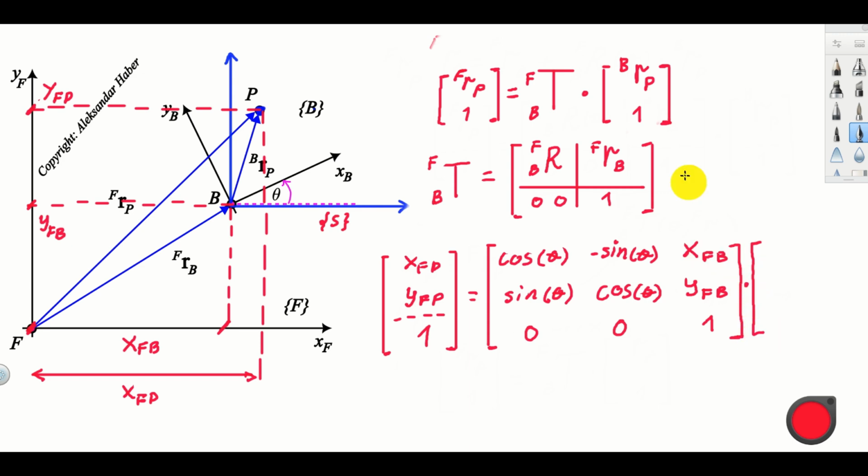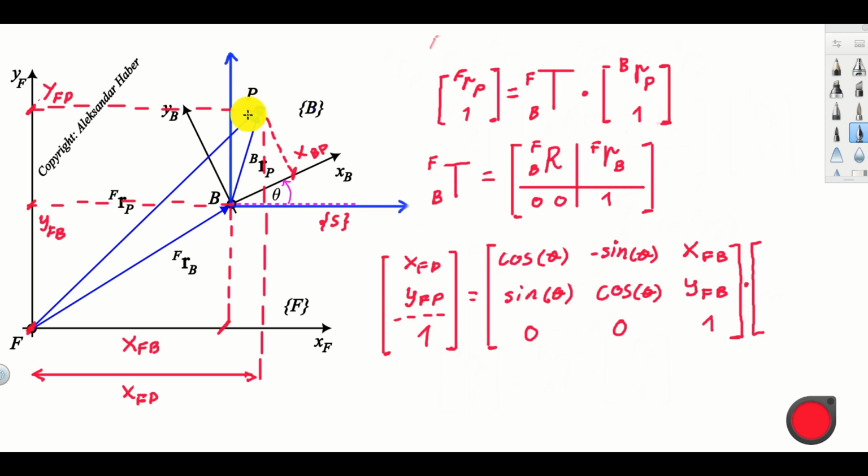Then we need to multiply this by this vector over here inside, and we will have its projections. We will have the projections of the vector RP on B. Over here I'm going to simply sketch them. So over here is one projection. This projection is denoted as XBP.